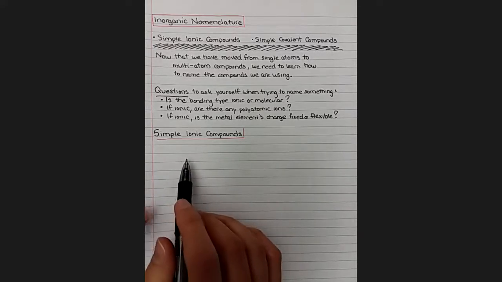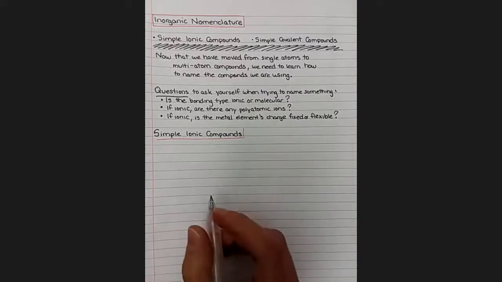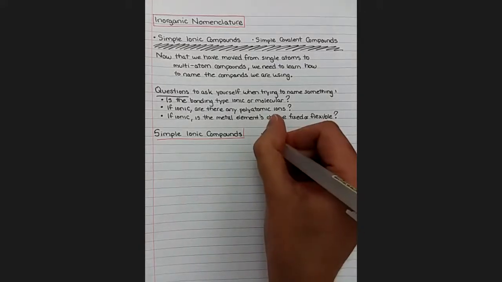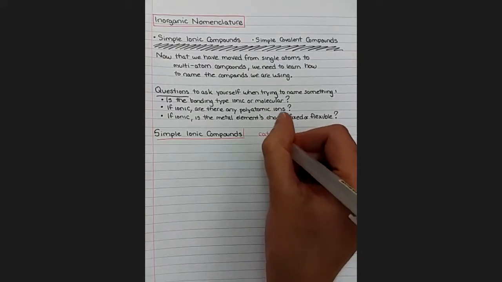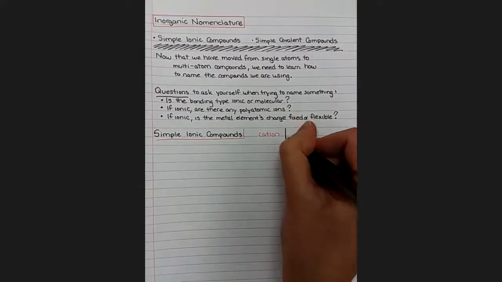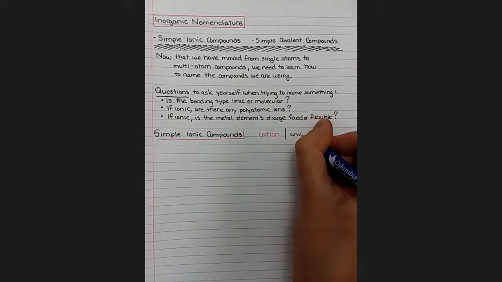Okay, so the general rule, we're going to write the cation in red and the anion in blue. The general rule for writing an ionic compound is you write the cation name first. You put a space. You write the anion name second.